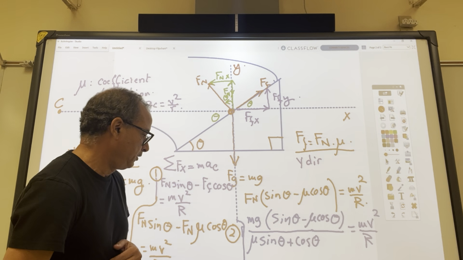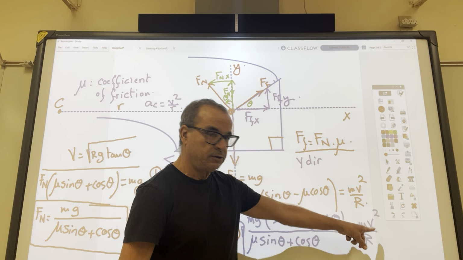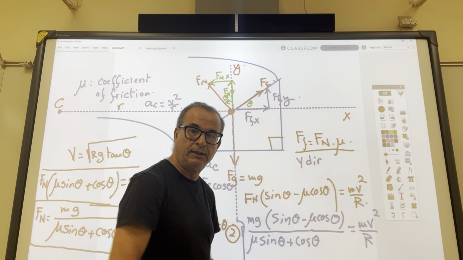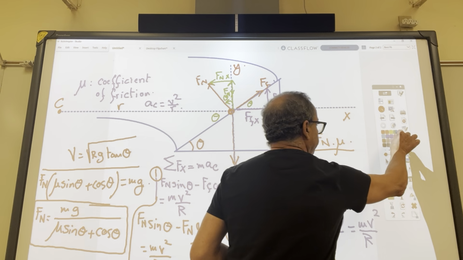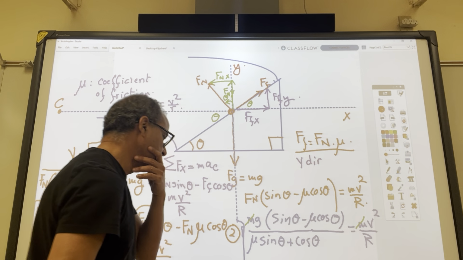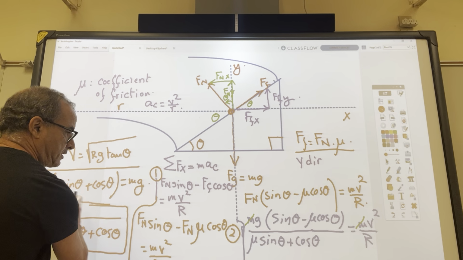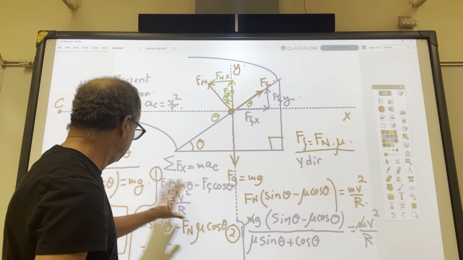The first thing you notice here is the m. You have m here and m there, so they're going to cancel each other out, because it's on both sides. Now let me erase the left side because I have what I need.